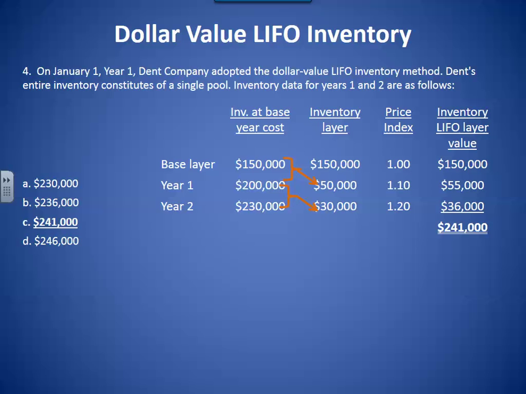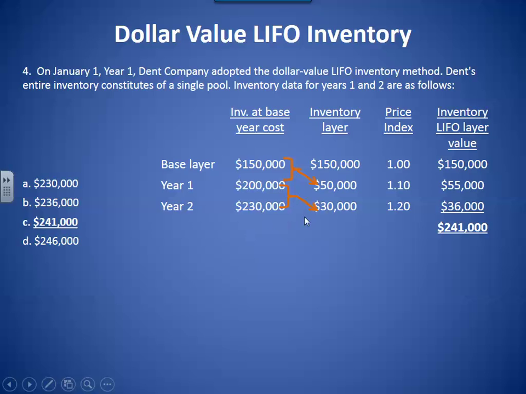Now, in order to calculate the inventory LIFO value layers, all we have to do is take the $150,000 base layer and multiply it times 1, which is our index, so it's $150,000. We take the $50,000 increase in inventory in year 1 and multiply that layer by 1.10, and it comes out to $55,000.